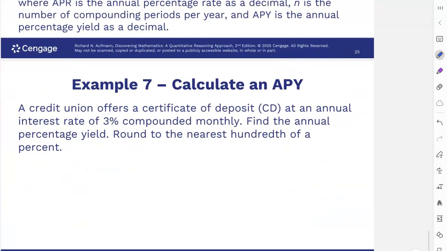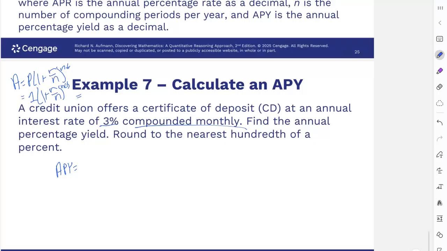Let's look at an example. A credit union offers a certificate of deposit, or a CD, at an annual interest rate of 3% compounded monthly. We want to know the annual percentage yield. So we're going to pretend like we are investing $1 for 1 year. So I think about investing $1 for 1 year. So if I do that, my P is 1 and my time is 1.